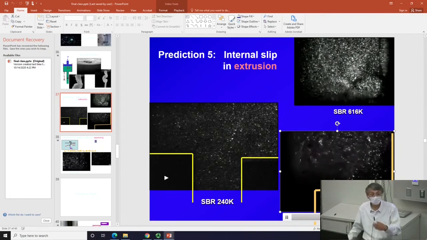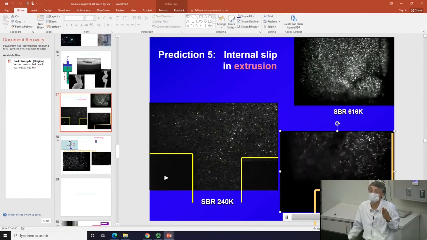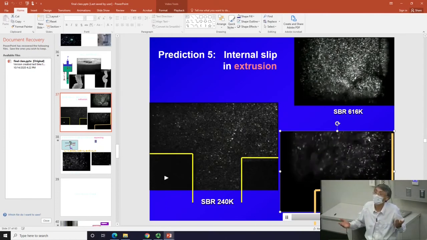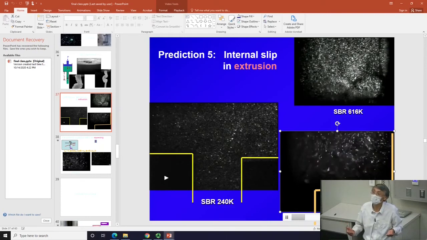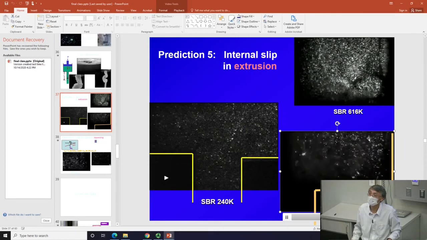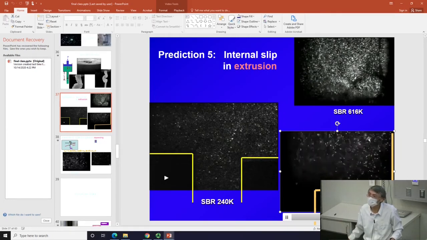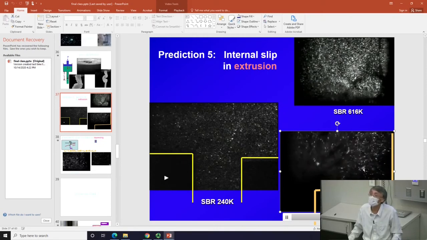As if it forms a boundary, but as you said, it forms a boundary on its own. How come? A boundary on its own, as if there was a surface there. Of course, there wasn't a surface. So how much clearer can it be that this is just like shear banding?